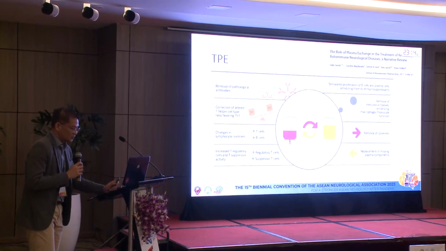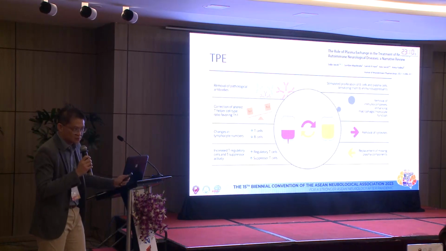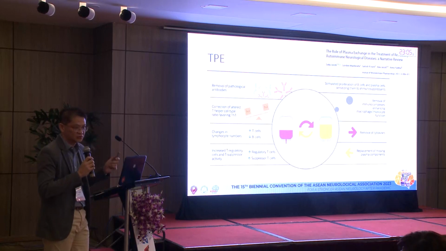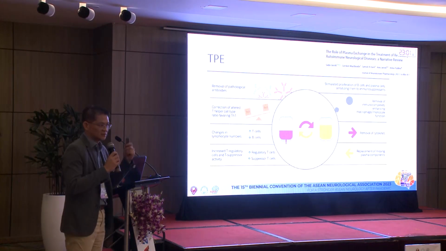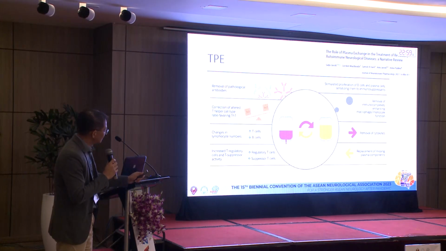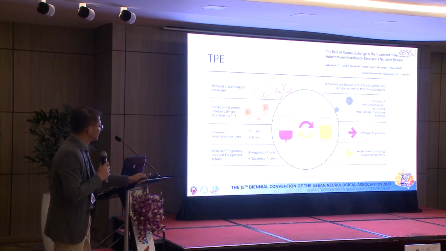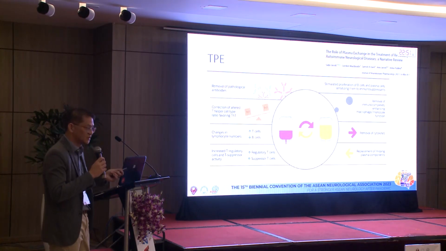So how TPE works is basically by removing abnormal pathological antibodies. But of course, we also know that it has other functions. For example, modulation of the B cells and T cells in the serum, and removal of certain cytokines and also immunocomplexes. At the same time, you replace something missing in the serum with some components.